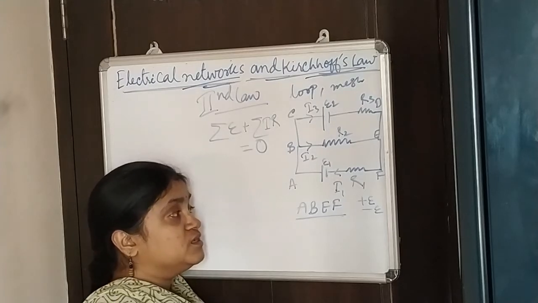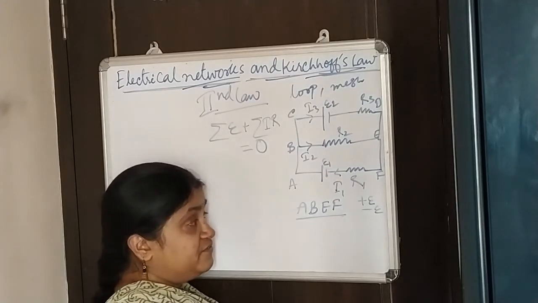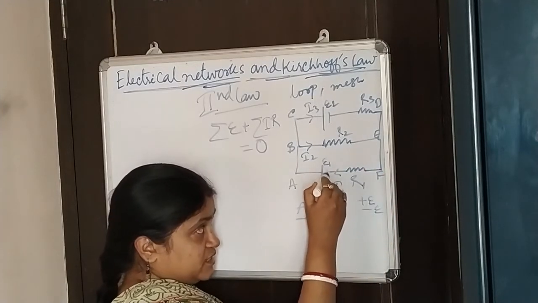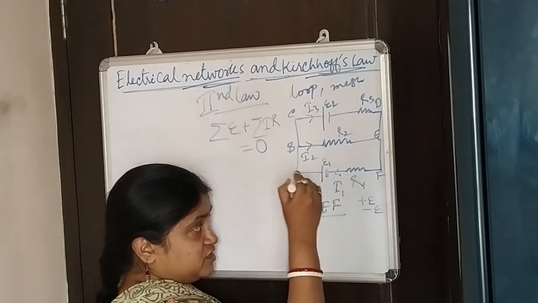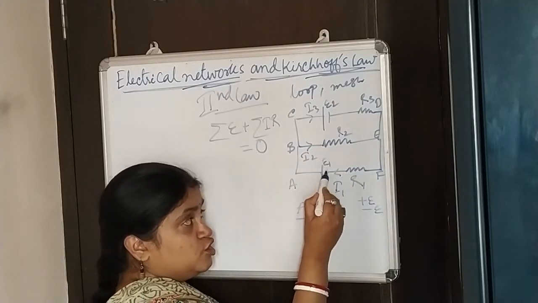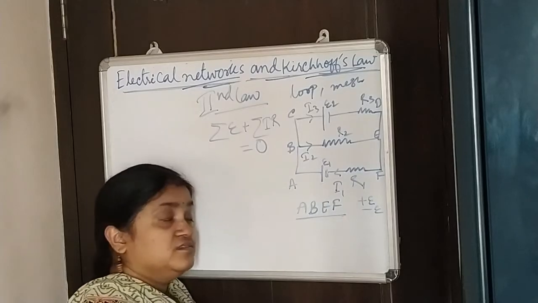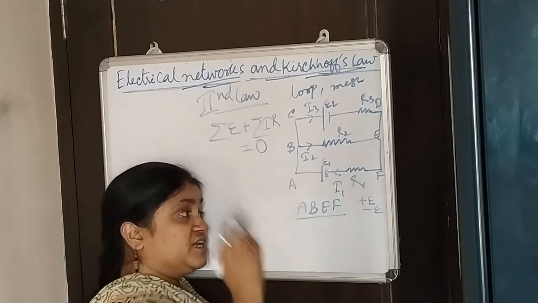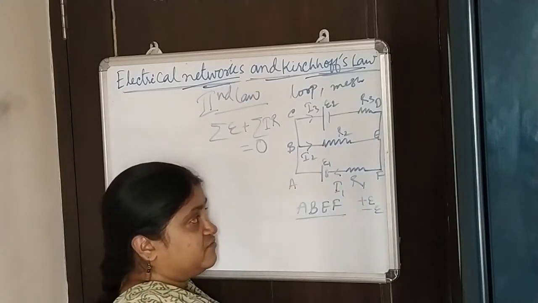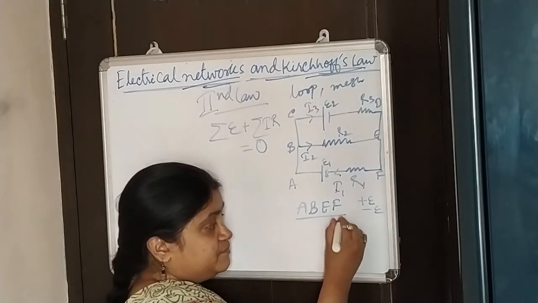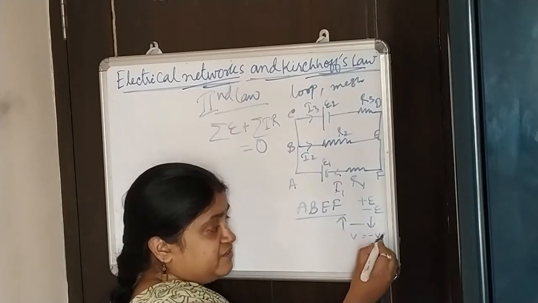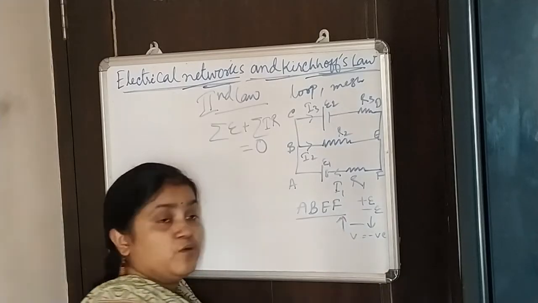Now coming to the voltage drop, if the current is flowing from higher potential to lower potential, that is from positive to negative, then the potential drop we take as negative. If it is from high to low, then the potential drop will be negative, otherwise it will be positive, right?